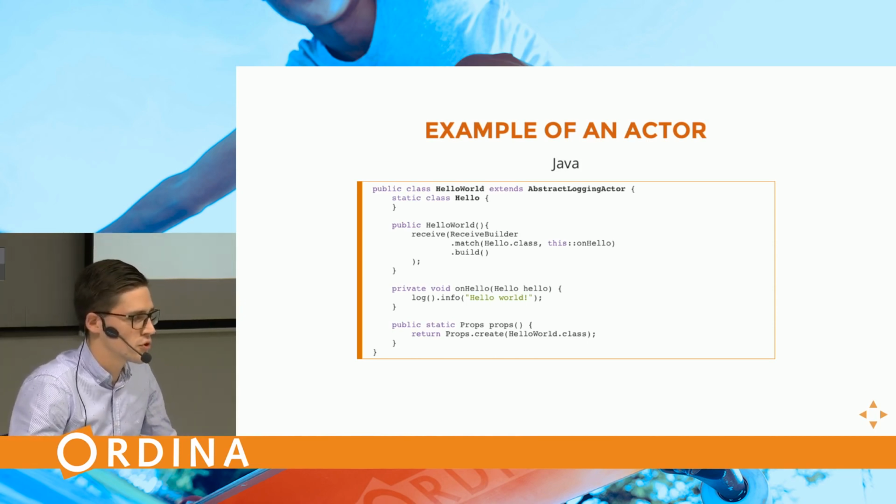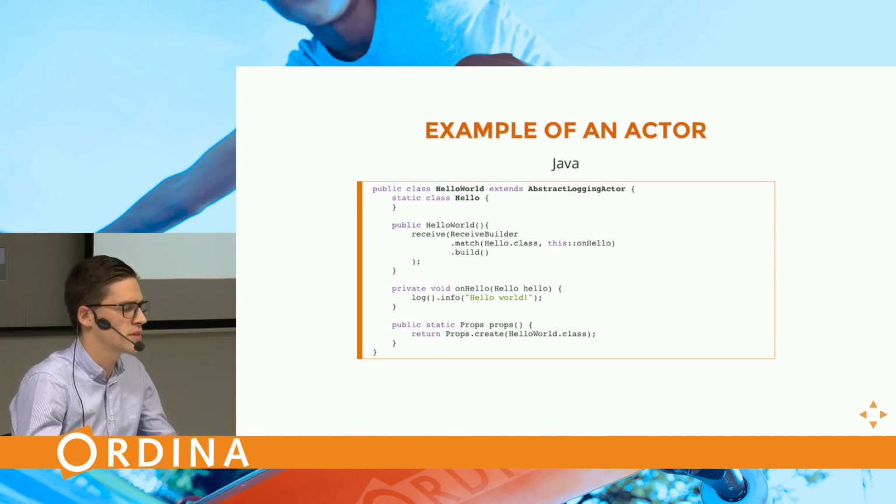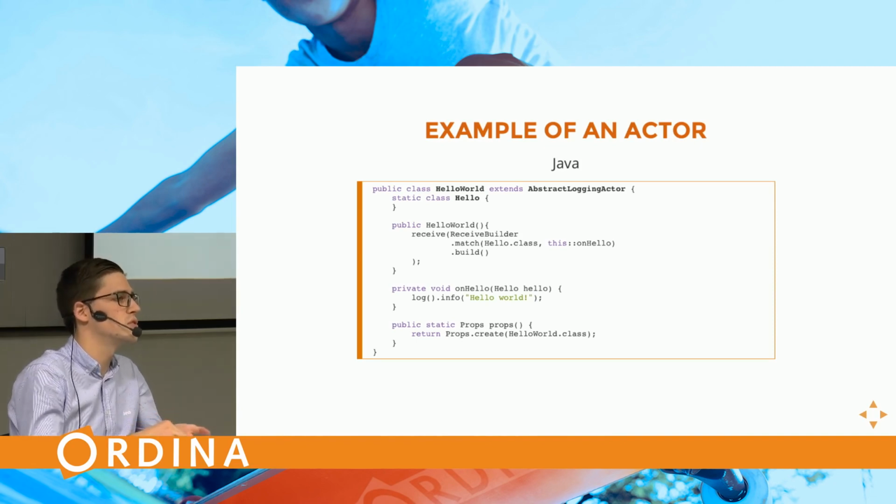So the question is that the Hello message should be known from outside the class. It should be known by the caller that would send the message. And this is correct. It's a best practice to always define the messages that your actor supports as inner classes in your actor class.